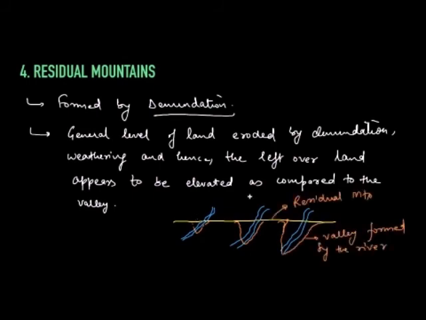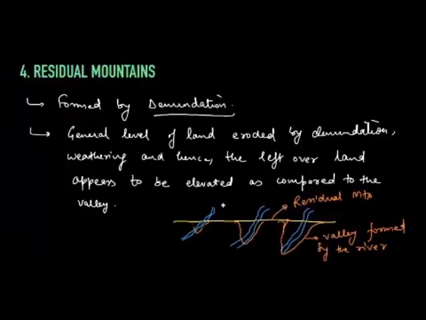Then the duricrust, or the part that is resistant at the center, will form a dome or a high mountain. An example of a residual mountain is Mount Monadnock, which is found in North America.